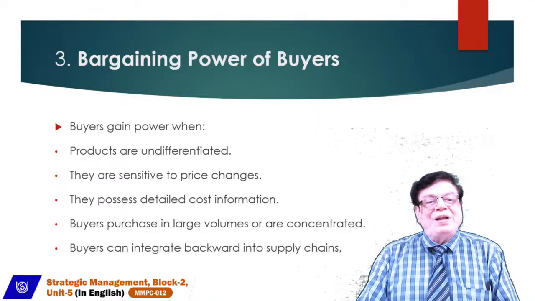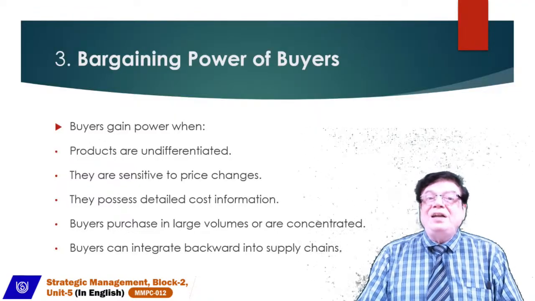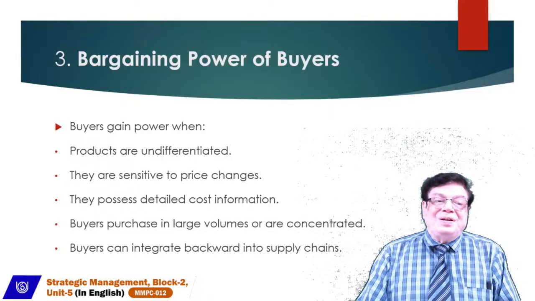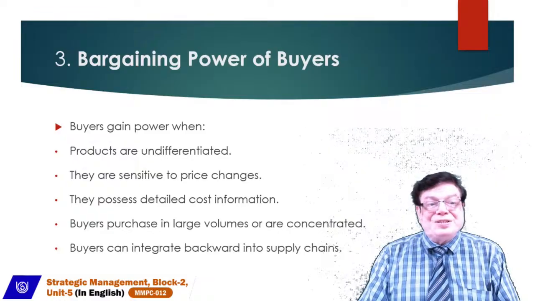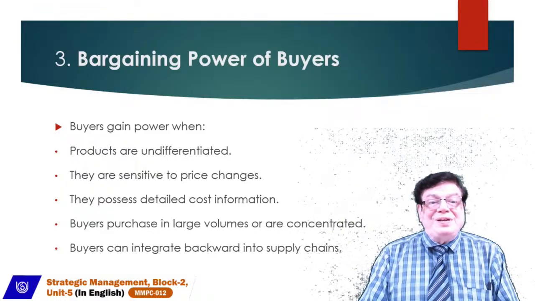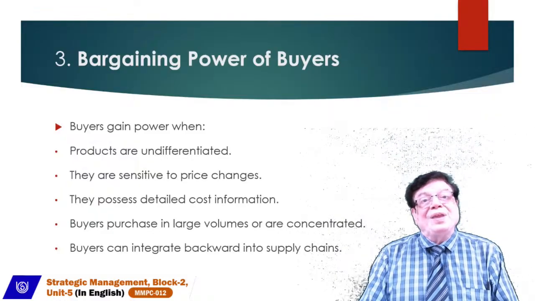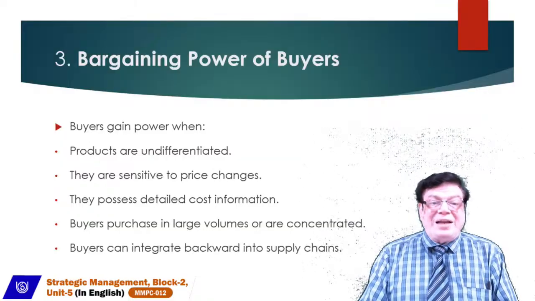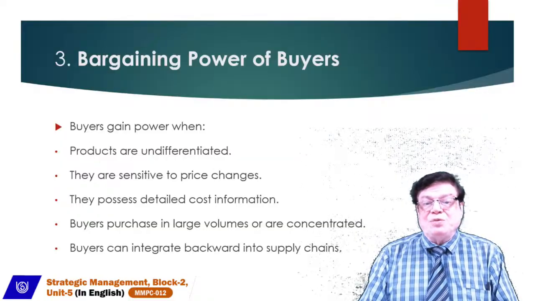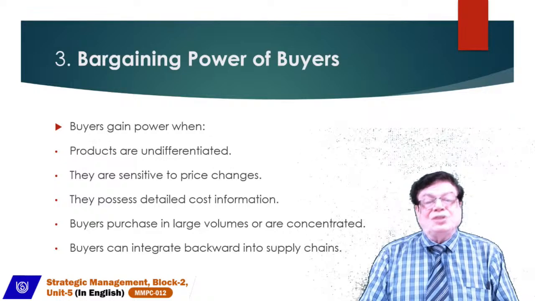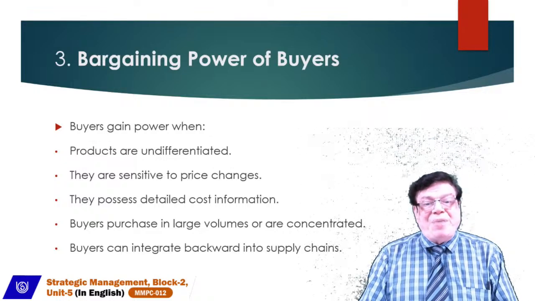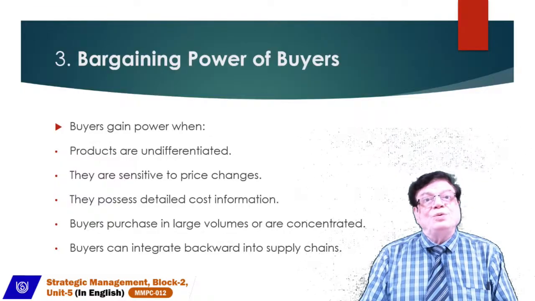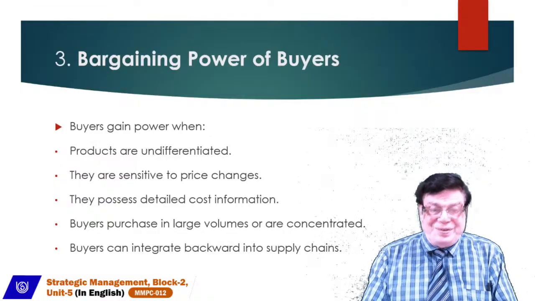Buyers gain power when products are undifferentiated, they are sensitive to price changes, and they possess detailed cost information. Buyers purchase in large volumes or are concentrated. Buyers can integrate backward into supply chains.